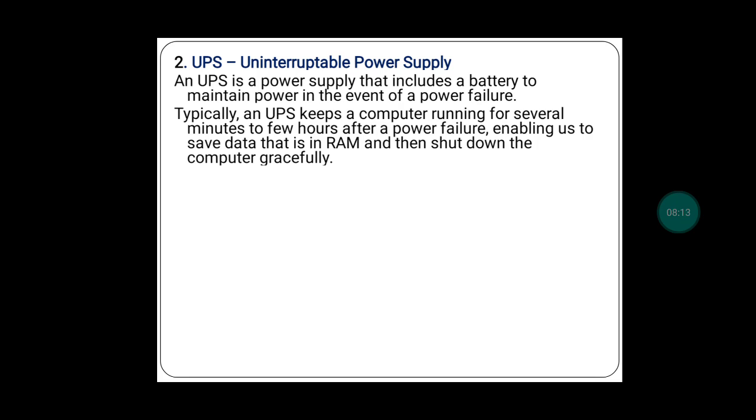Typically a UPS keeps the computer running for several minutes to a few hours after a power failure, enabling us to save our data which is in the RAM, and then shut down the computer gracefully.